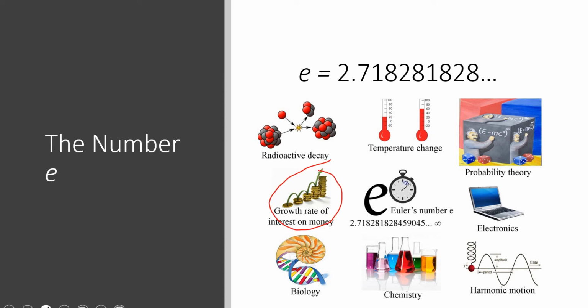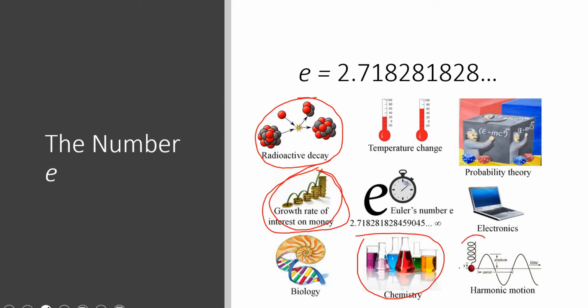The Euler number pops up all over the place, from things such as radioactive decay, which is a natural phenomenon, all the way to things such as finance, growth rate of interest in money. We see it in chemistry, biology, and also harmonic motion, which is really important in physics, and we're going to talk about that a little bit later.